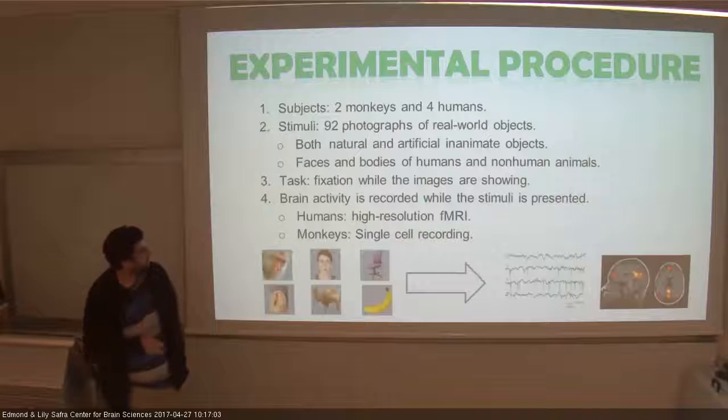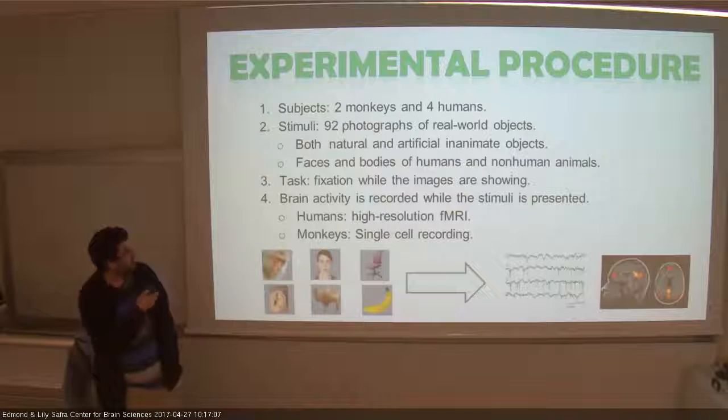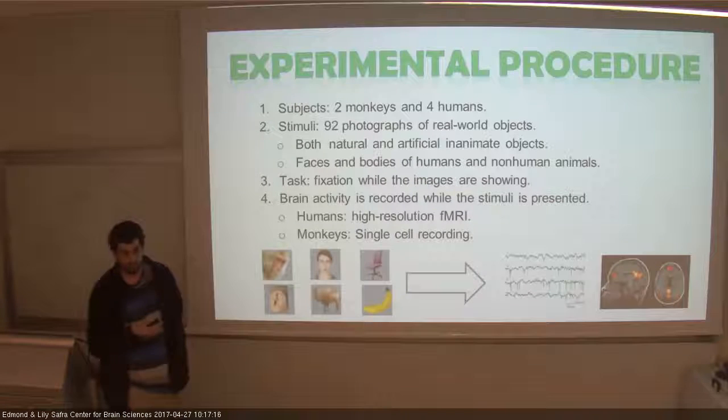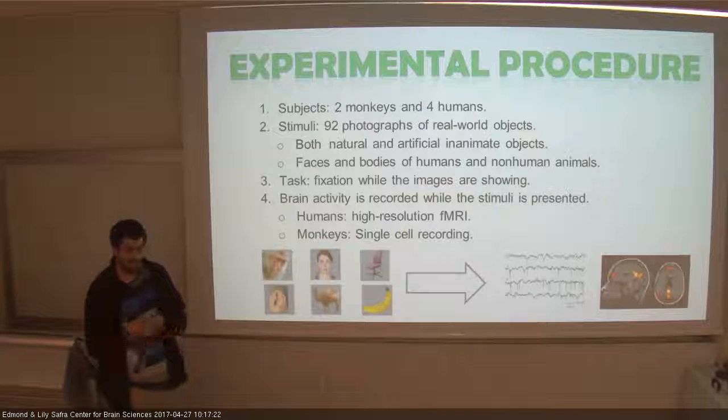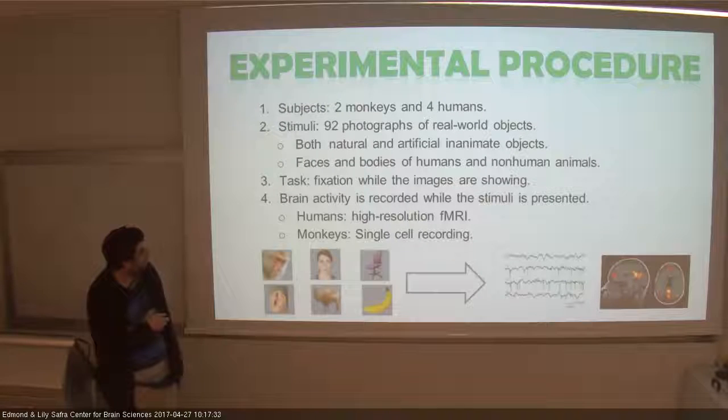Okay, so let's see what they did. They had 2 monkeys and 4 humans, and about 92 images of all kinds of different objects, including human faces, body parts, natural objects that you can see in nature, such as fruits and vegetables, and inanimate objects such as traffic lights and chairs and stuff that is human made.